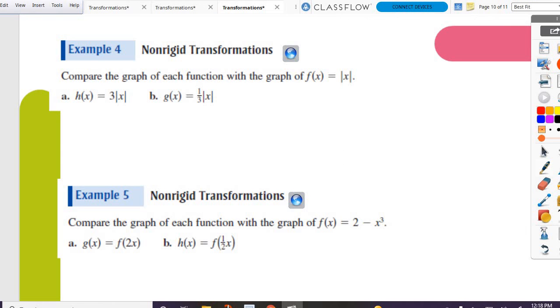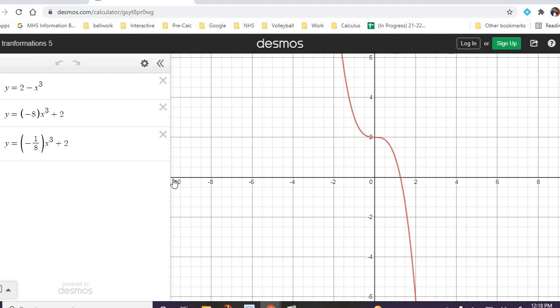Now, these ones are on the inside. So what do we think these are going to do? It's still going to stretch or compress it, but if it's on the inside, which direction is that going to be now? Instead of vertically, it's horizontally, right?